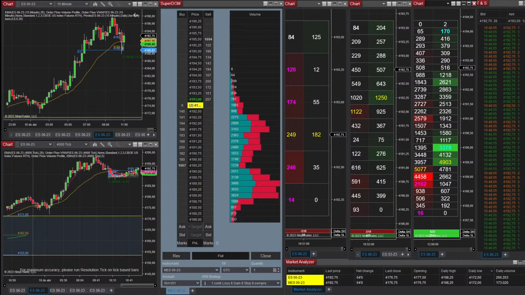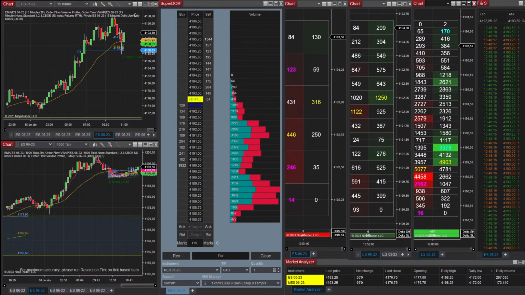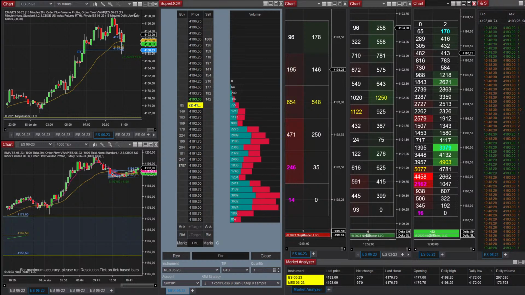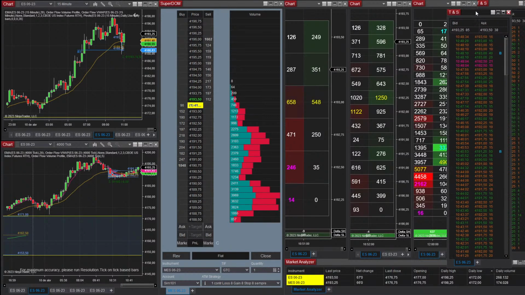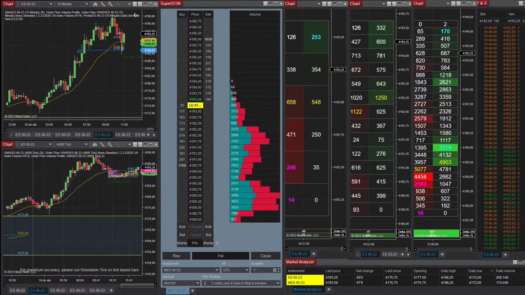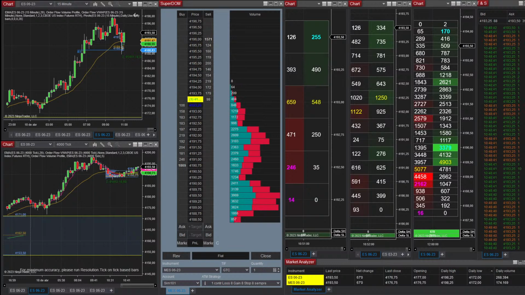So Aaron is asking about the times and sales, and you see that it's on the right-hand side of my screen, at the end of the screen. Besides this one I'm showing there, I have another one that does not fit in the screen, the filtered one.